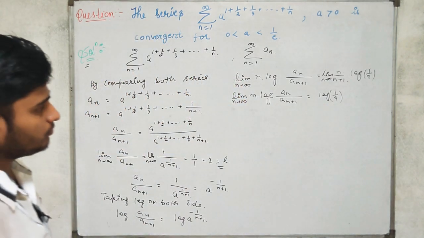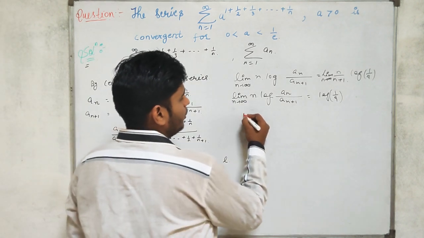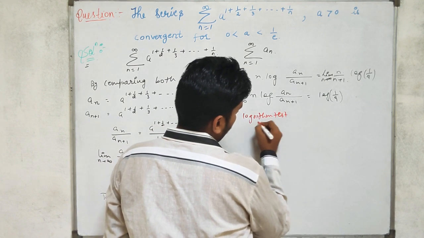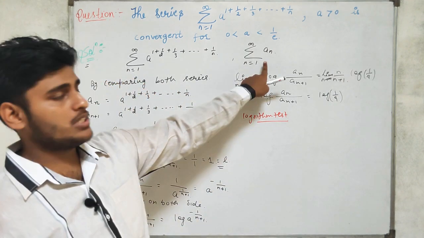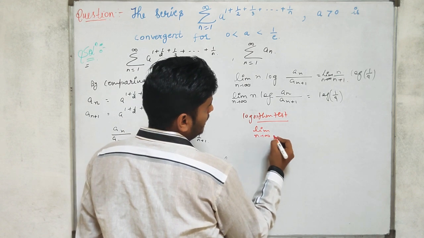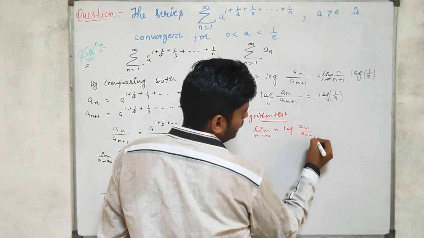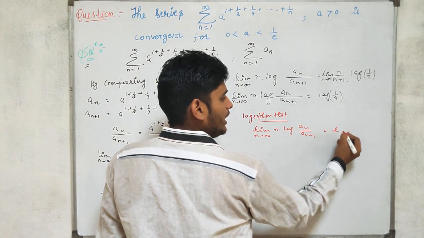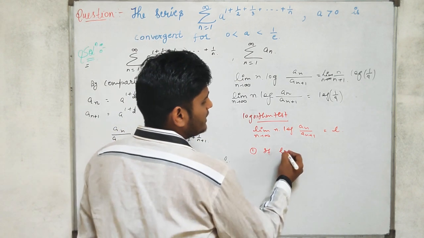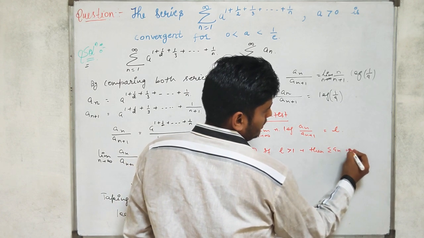So by using the statement of the logarithmic test. What do we have in the logarithmic test? For a positive term series, if the limit n tends to infinity of n into log of an upon an plus 1 becomes L, then case 1: if L is greater than 1, this series an is convergent.